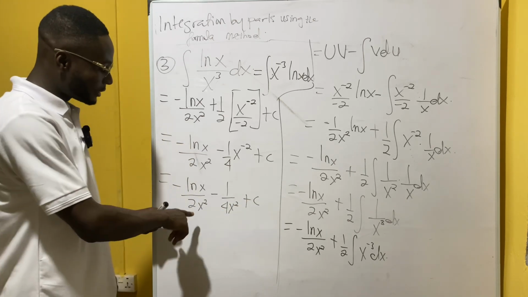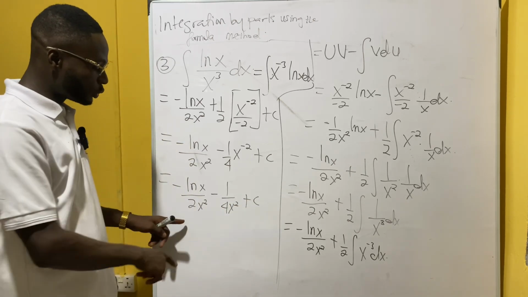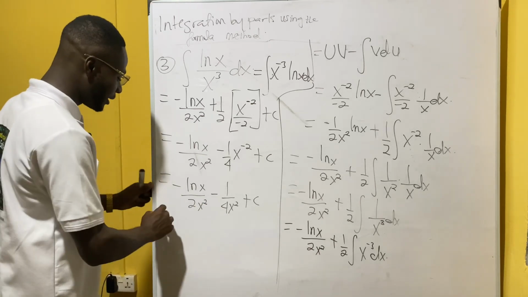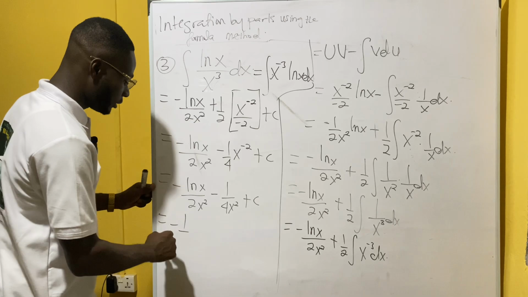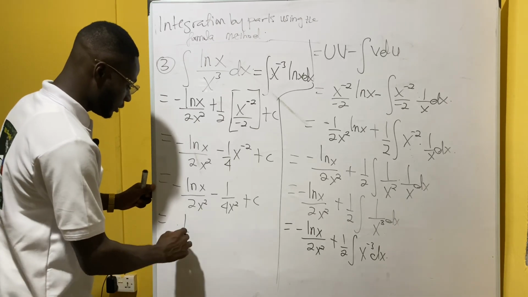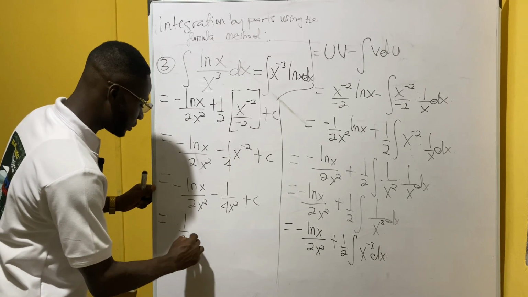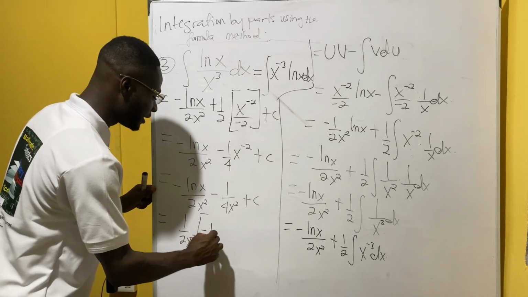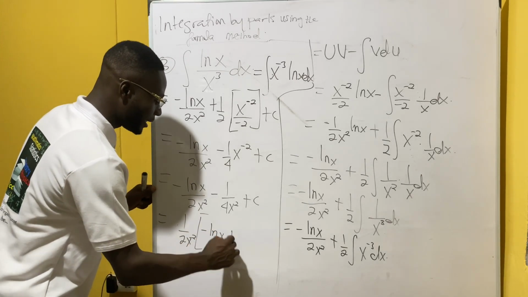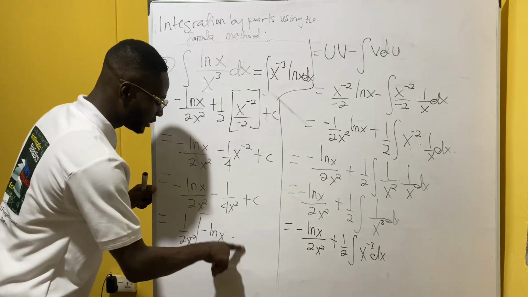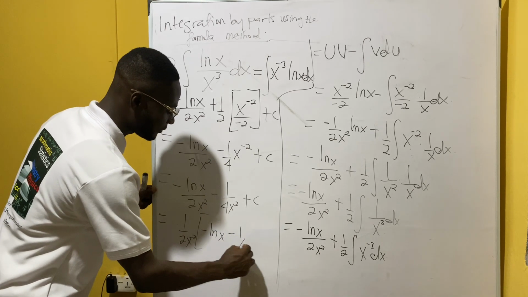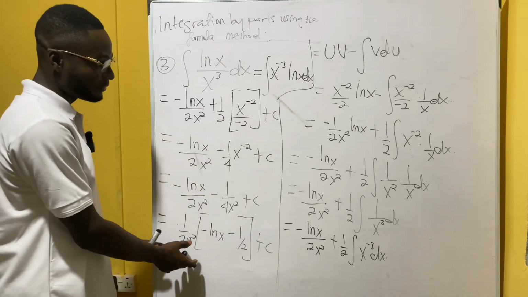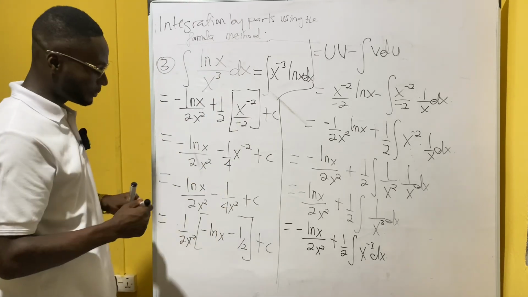Good. So we can see that we have 1 on 2x squared common to both terms. So we can factor that out. So when we do that, it means we are going to have negative ln x minus half, plus c. So this is the final answer to this particular problem.